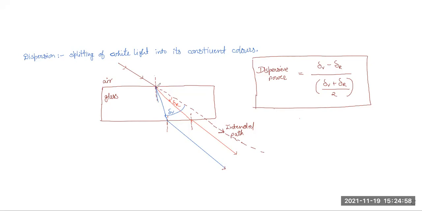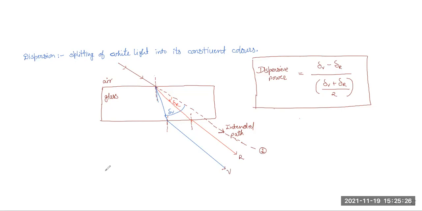Red colored light has taken its own way, violet has taken its own way. They hit the other end of the glass at different points, again experience refraction and come out. When they come out, we find that this ray, which I'll call ray number 1, the red ray and the violet ray are absolutely parallel.